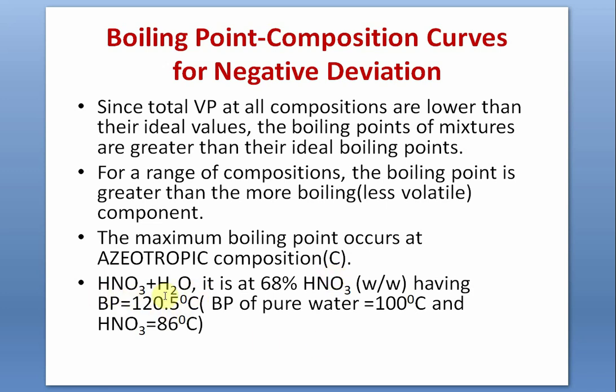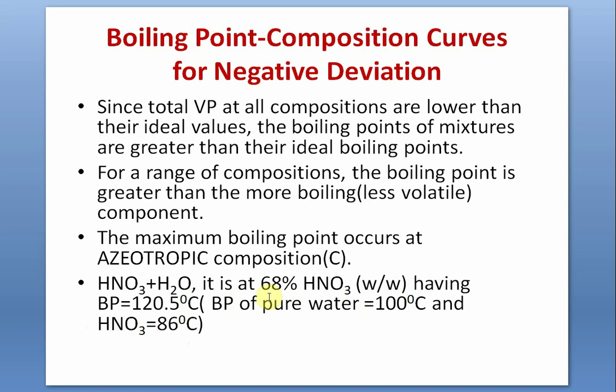This is a classic example where the azeotropic composition is 68% nitric acid and the rest 32% water, having boiling point 120.5 degrees, against the higher boiling, which is water. 100 degrees centigrade is that of water, and pure nitric acid boils at 86. It is more volatile, and water is less volatile, having higher boiling point. The azeotrope at this composition, 68%, is the highest, 120.5.